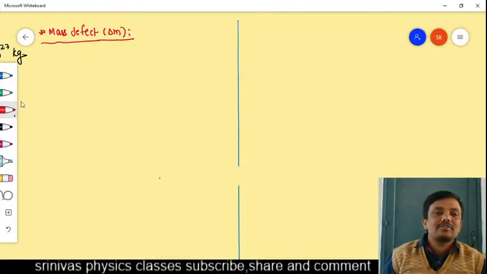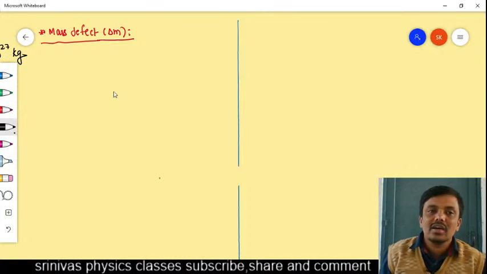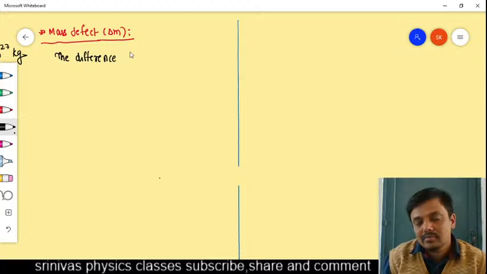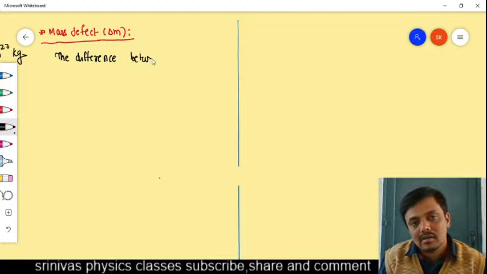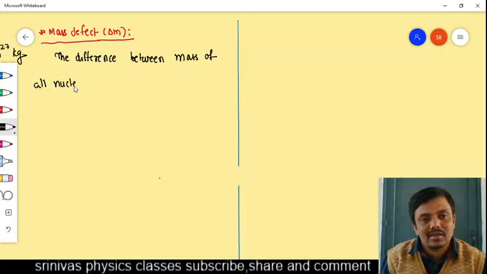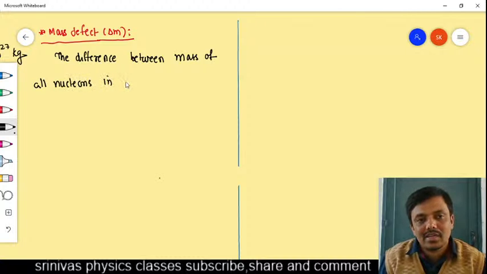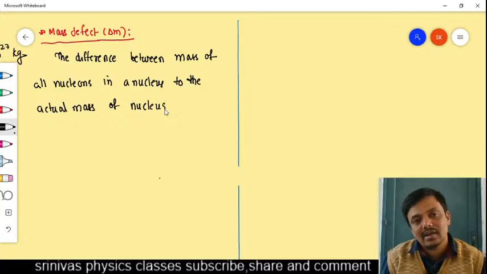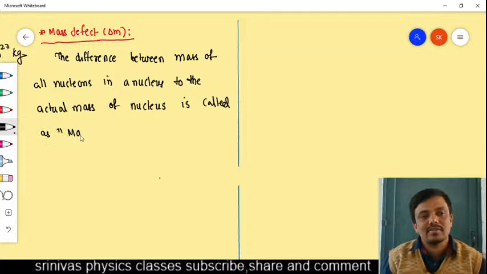Mass defect is the difference between the mass of all nucleons in a nucleus and the actual mass of the nucleus. The difference between the mass of all nucleons in a nucleus and the actual mass of the nucleus is called the mass defect. This is the mass defect.